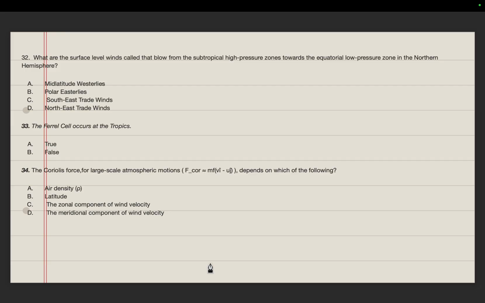What are the surface level winds called that blow from the subtropical high pressure zones towards the equatorial low pressure zones in the northern hemisphere? Mid latitude westerlies, polar easterlies, southeast trade winds, northeast trade winds.